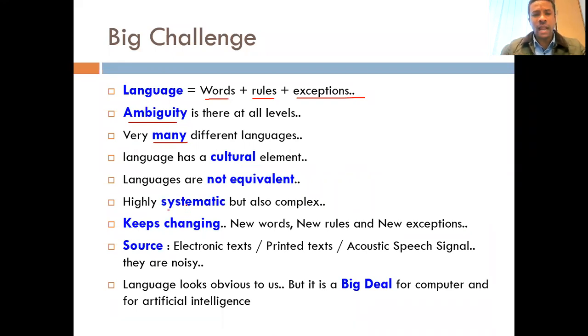And the languages are not equivalent in how they express things, but everything is expressed. Like a single word in Amharic can be interpreted with 5 words in English, which means the way they express things is not equivalent. They are systematic, they keep changing. The sources are from different parts. So even though language is very obvious for us, it is a big deal for a computer system.